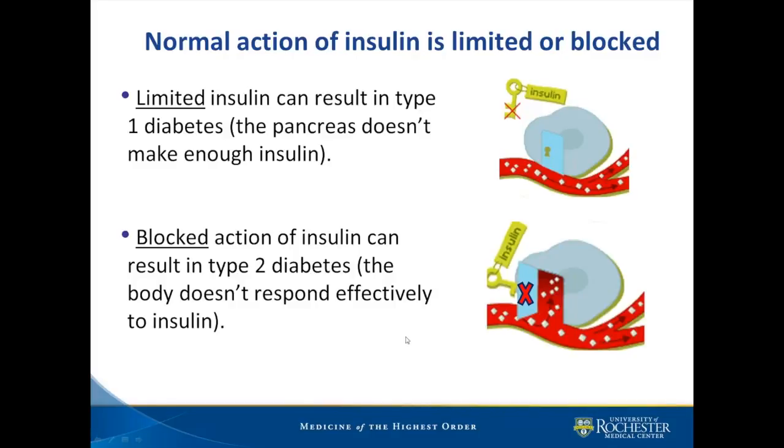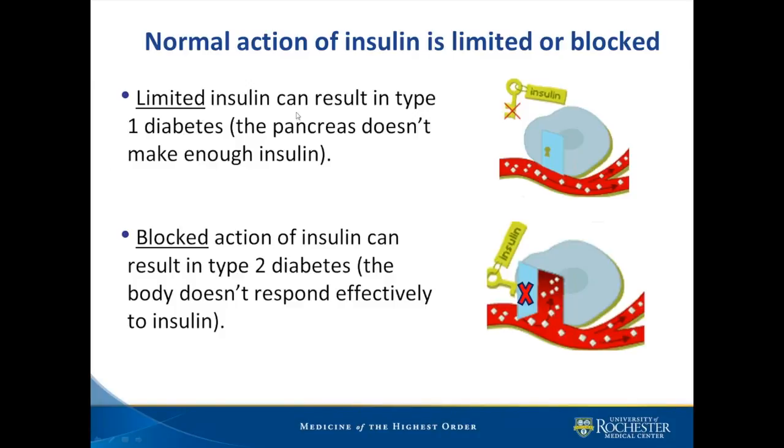If you ask yourself what it is that might interrupt normal insulin action in the body, there are two big categories. One category is that insulin may not be there in adequate amount. In other words, it's limited in supply. The other option is that the action of insulin is actually prevented and blocked by some mechanism, not necessarily the supply.